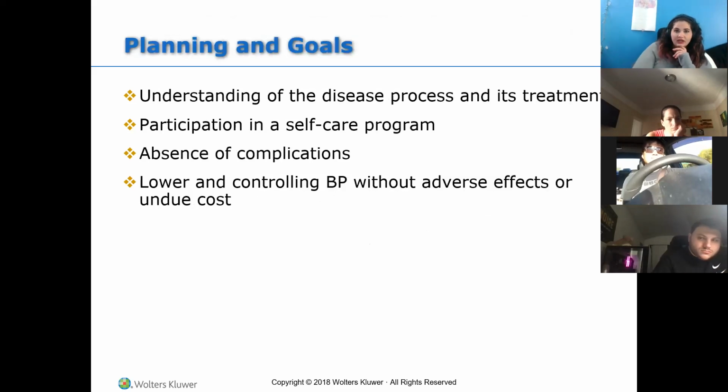Okay, planning and goals. We need to have understanding of the disease process and its treatment. We have participation in a self-care program, absence of complications, lowering and controlling blood pressure without adverse effects or undue cost.